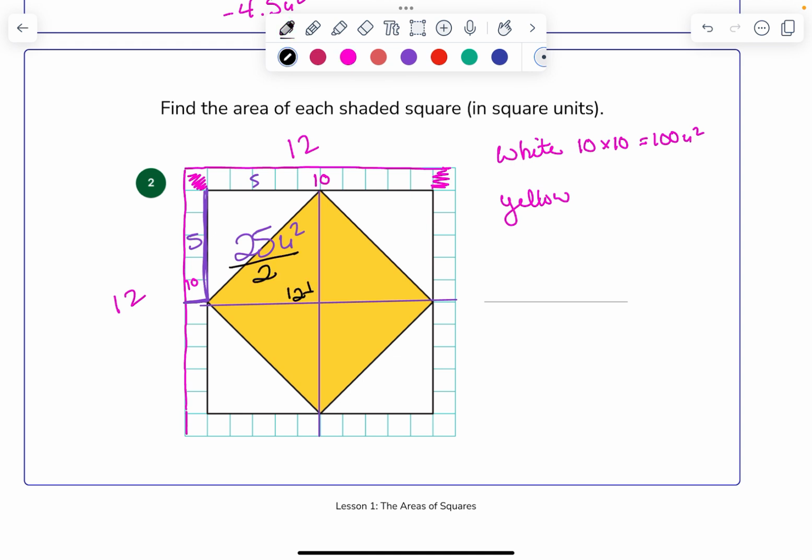So 12.5, 12.5, 12.5, 12.5. 12.5 times 4 is 50 units squared.